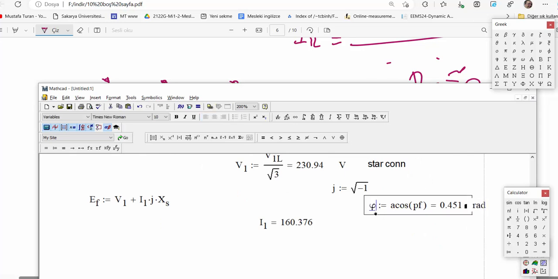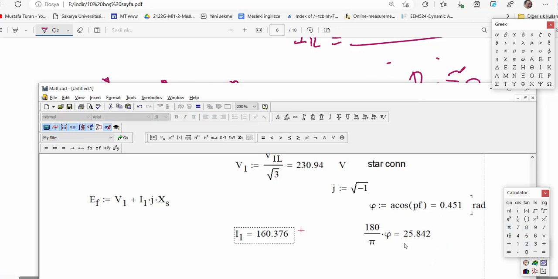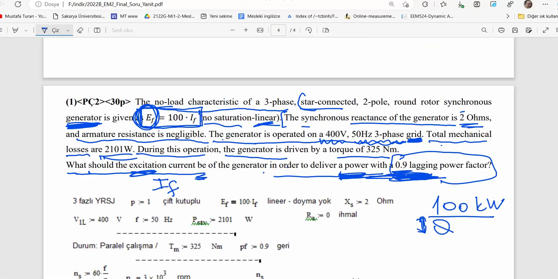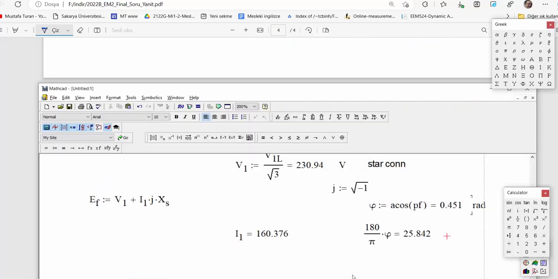But you should evaluate or assess it in degrees, whether it is convenient or not. Yes, it looks okay. The power factor was lagging. Ladies and gentlemen, something needs to be corrected.